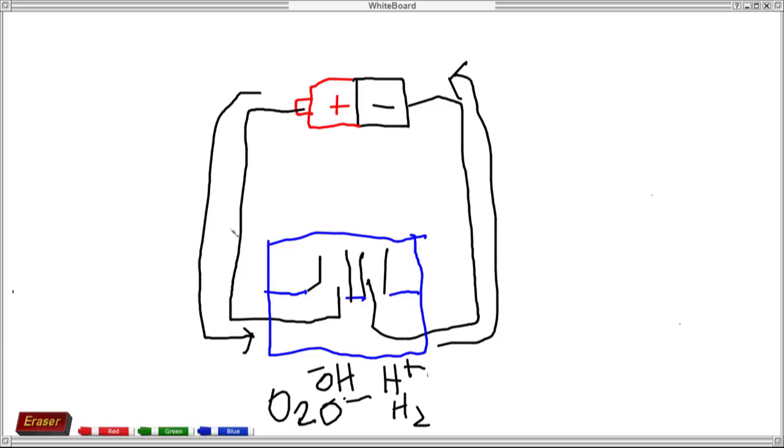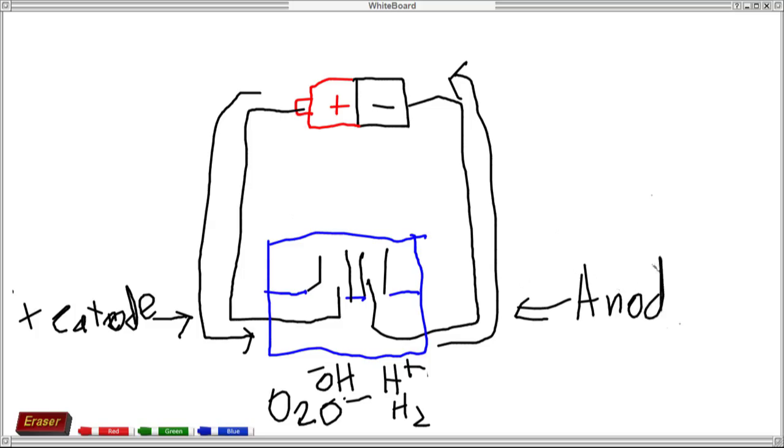What these are is what they call your cathode, which is your positive terminal, and this is your anode, which is your negative terminal.